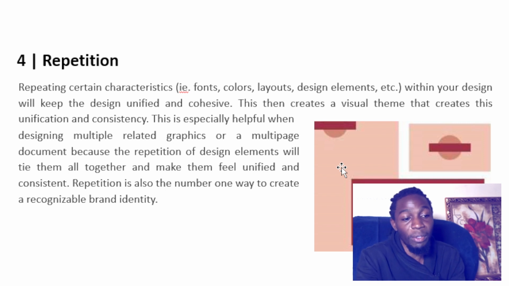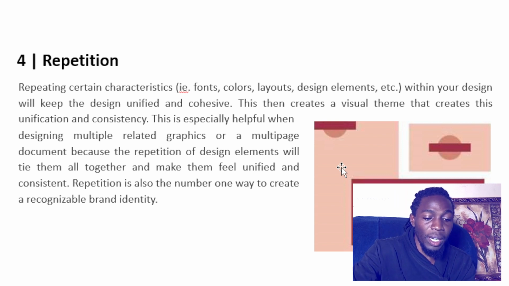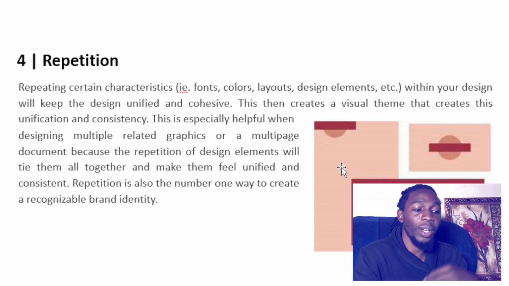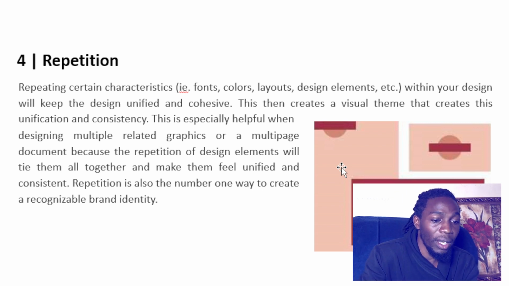So it's just repetition. And when it comes to design elements, for example, if you have used something like grunge or abstract elements in a design or icons, you repeat them in all the pages to create that consistency, and it shows the unification of this document.